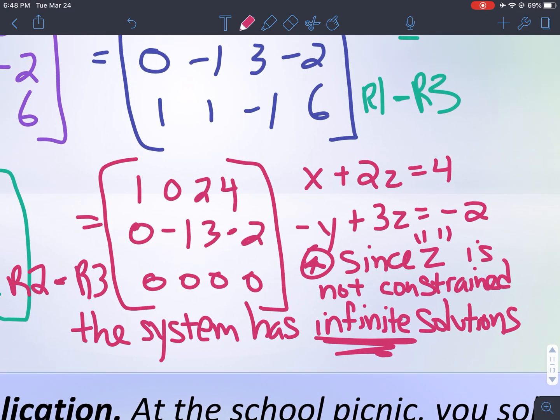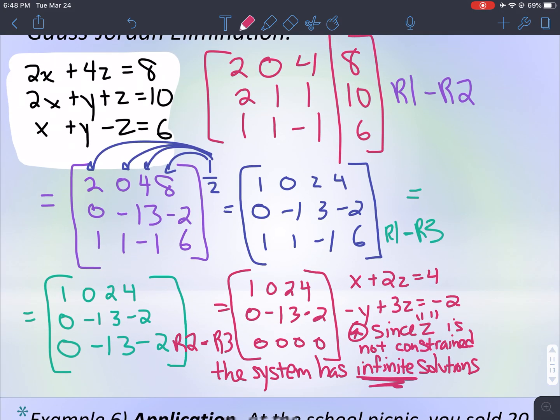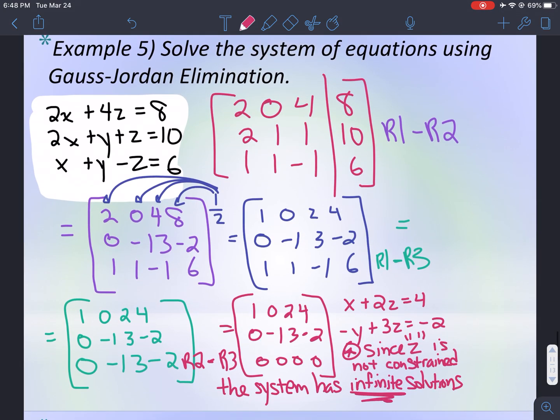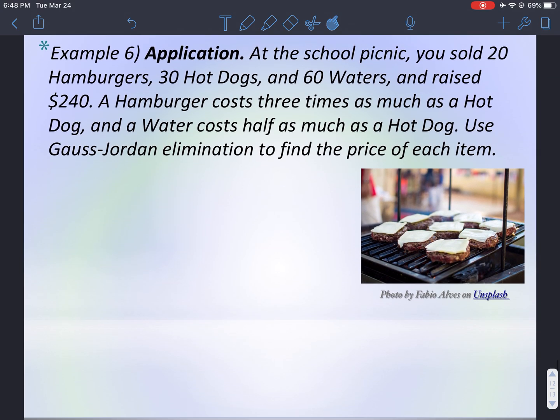All right, so when you're putting something in row echelon form and you end up getting an entire row of zeros, that means the system's going to have infinite solutions. So far, so good.